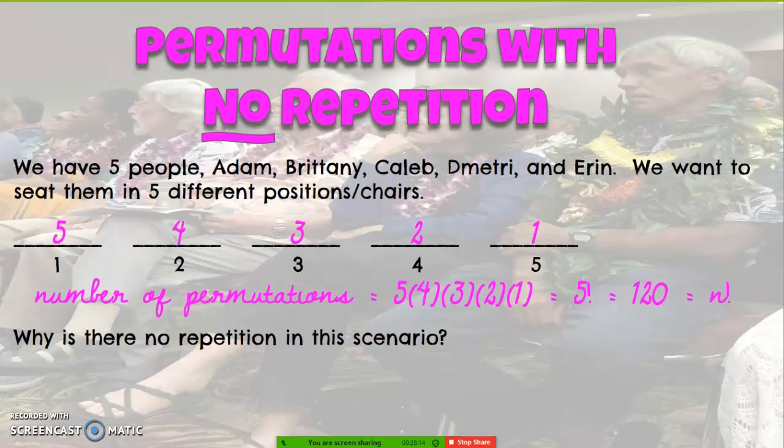So when I have a permutation like this, with no repetition allowed, we use n factorial. The number of possible permutations is n factorial. That is the formula to use.